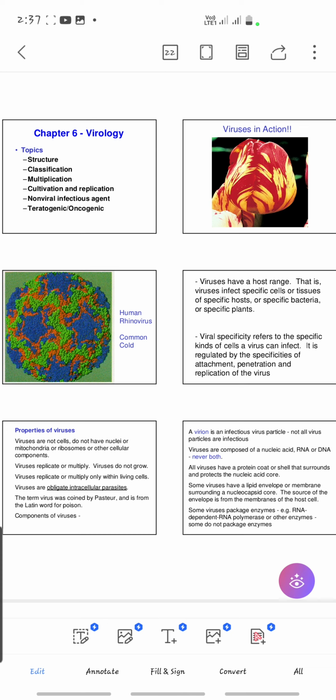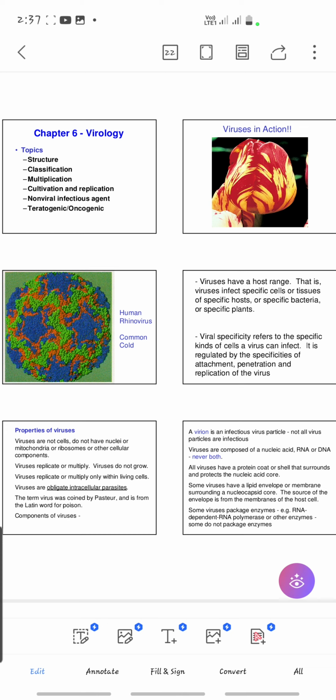That's why our references say viruses have a host range, or different hosts to infect. The host range of viruses is specific, whether it is a cell, tissue, the host of bacteria, or even plants. Viruses can be in humans, plants, or animals.